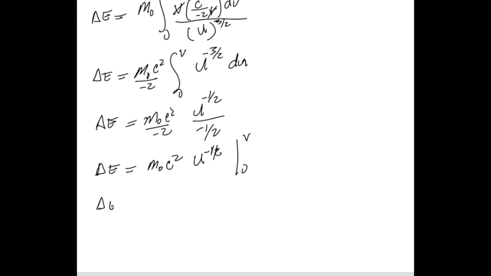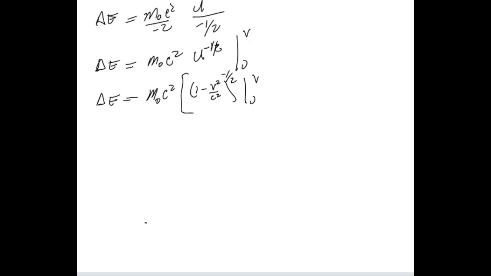So change in energy is equal to m naught times c squared times 1 minus v squared over c squared, raised to the power of minus 1/2, and I'll integrate that from 0 to v. So this is the final change out here.